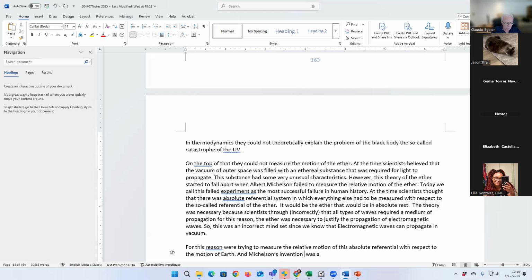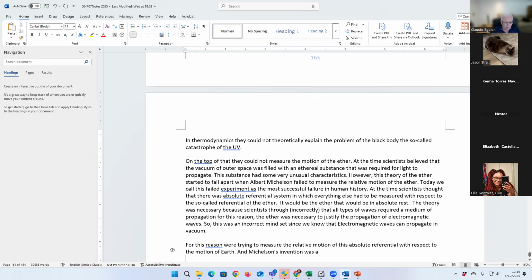Michelson's invention was a device that was thought to be able to make this type of measurement. Today it is called the Michelson interferometer, and that's where the most successful failure came about.